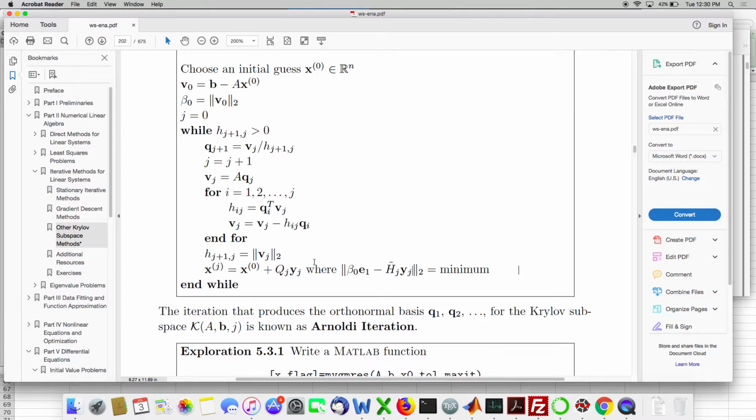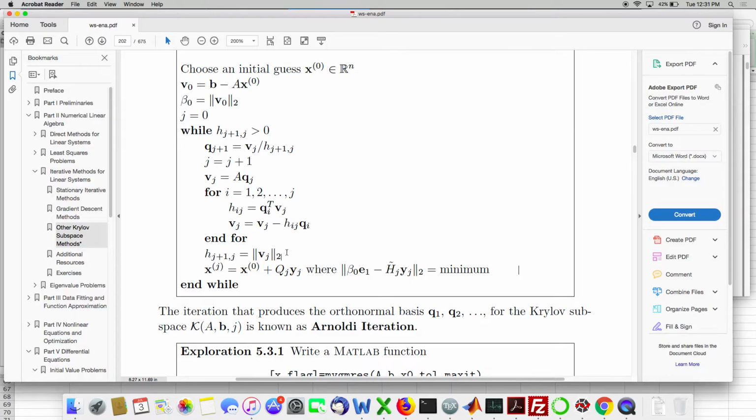Now, if you implement the algorithm exactly as written, with the change I mentioned in the for loop, this still would have excessive storage because it stores all of these vectors q_j. But it's possible to implement this in such a way that all this storage is not necessary. I just won't get into that right now.